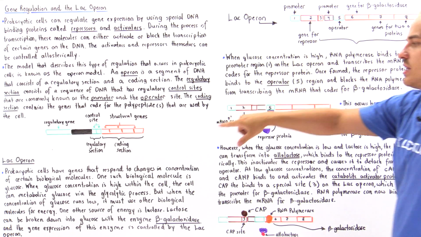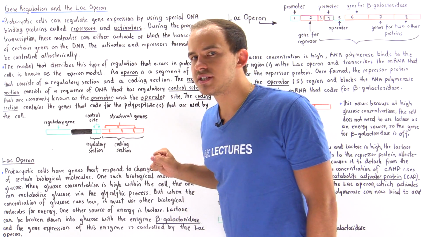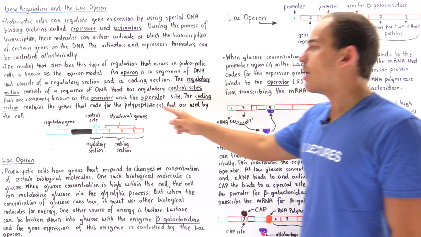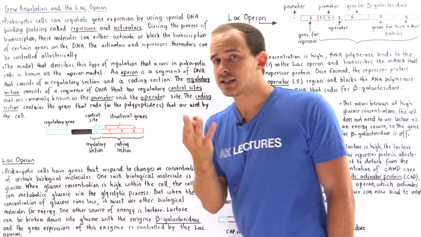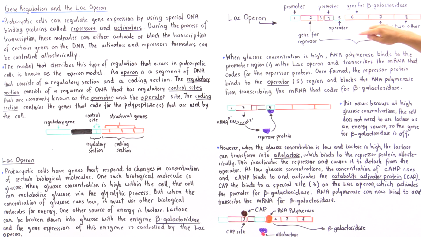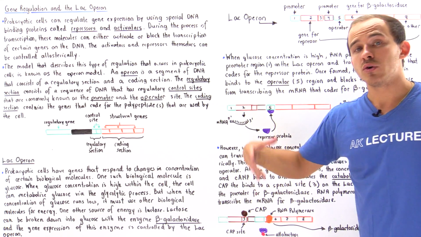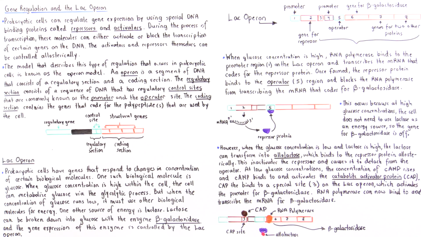Basically, this section is the regulatory section. It consists of our control sites. Now, the Lac Operon actually consists of 3 sites. We have our operator site, we have the promoter site, and we also have another type of site known as the CAP site, and we'll discuss what that means in just a moment.